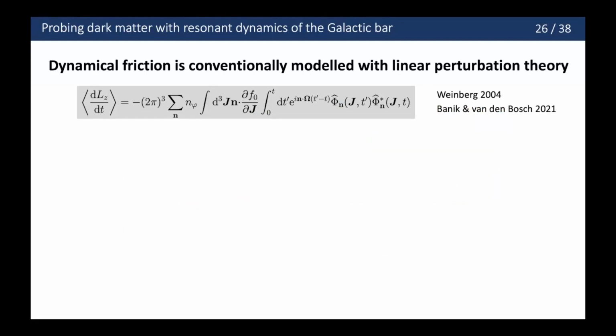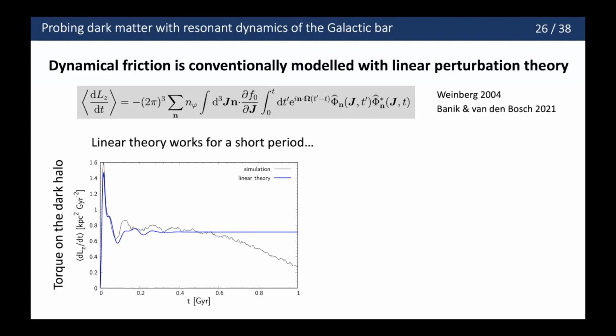Okay, so dynamical friction is conventionally modeled using linear perturbation theory. This is a formula that describes the net exchange of angular momentum between the bar and the halo. It's based on the so-called linearized collisionless Boltzmann equation, so that's why we call it linear theory. I first applied this conventional theory on the most simple case, where the bar is rotating at a constant pattern speed.